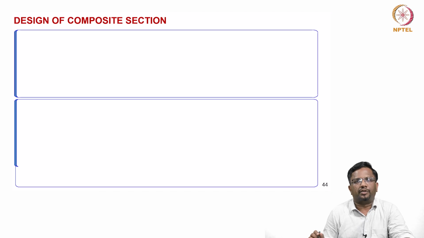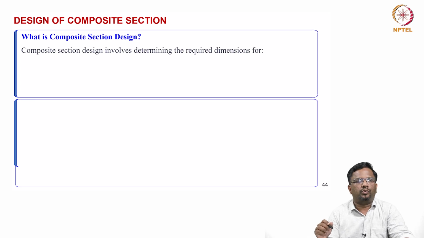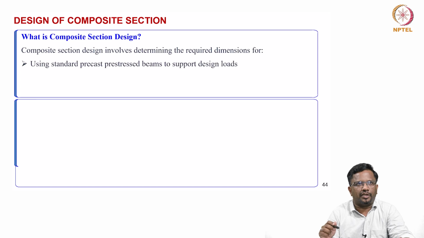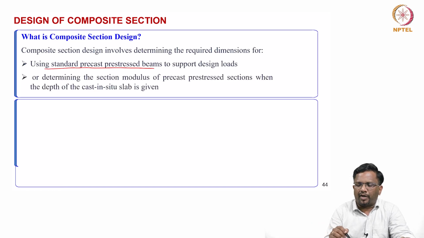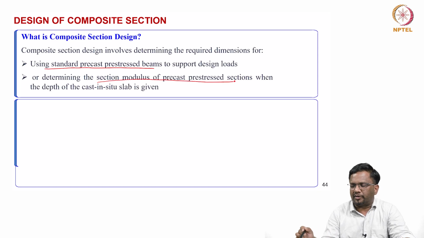Alright, let's continue with the design of composite section. So let's understand the process of designing a composite section. What we are going to do in composite section design typically involves determining the required dimensions. Either you can use standard precast pre-stressed beams to support the design loads, or you want to find the section modulus of the precast sections, provided you are given the depth of the cast in place slab.